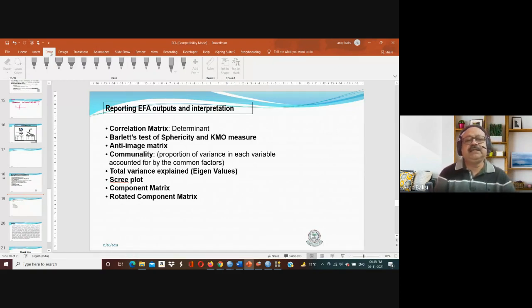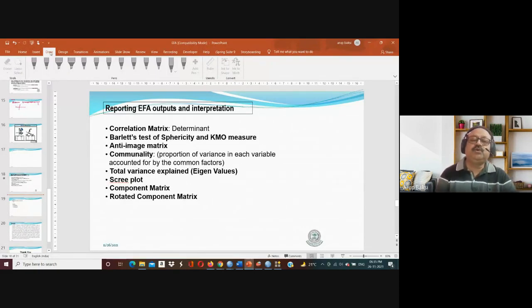The Bartlett test of sphericity is nothing but the chi-square value and the degrees of freedom. And the correlation determinant is highlighted. So these are the few things to be used when you are reporting in a journal paper.